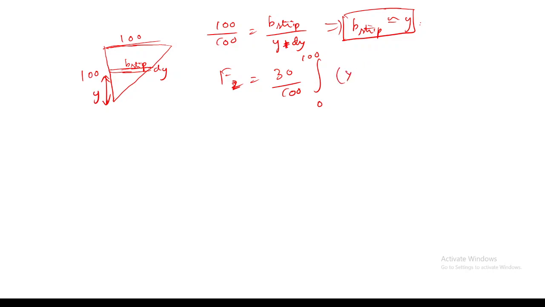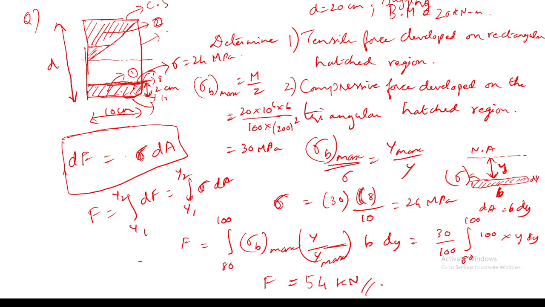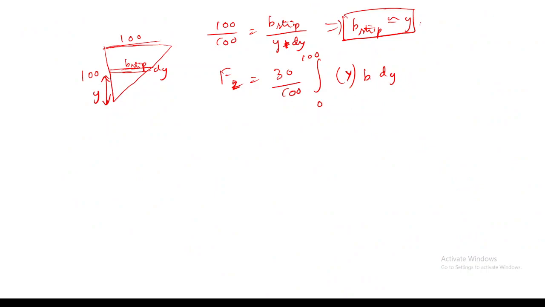Some y will be remaining along with b dy, like we have seen earlier. Here y remains the same, and since b is changing, I am writing b strip in terms of y. So I will be getting 30 by 100, integration from 0 to 100, y into dy. On integration, you will be getting the value as 100 kilonewton.